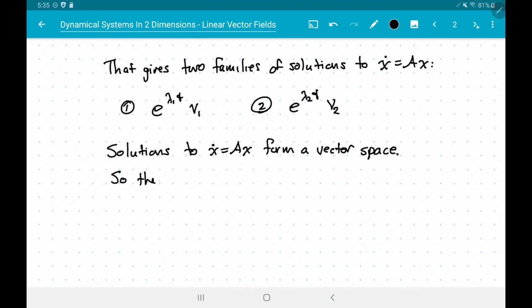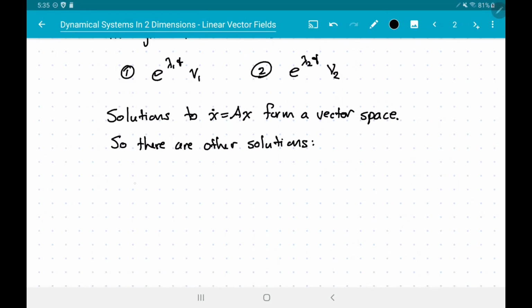So there are other solutions, and I'm going to give them a different name. Let's call these u. I'm probably going to be sorry I called them u, but let's continue. u equals A1 e to the lambda 1 t v1 plus A2 e to the lambda 2 t v2.